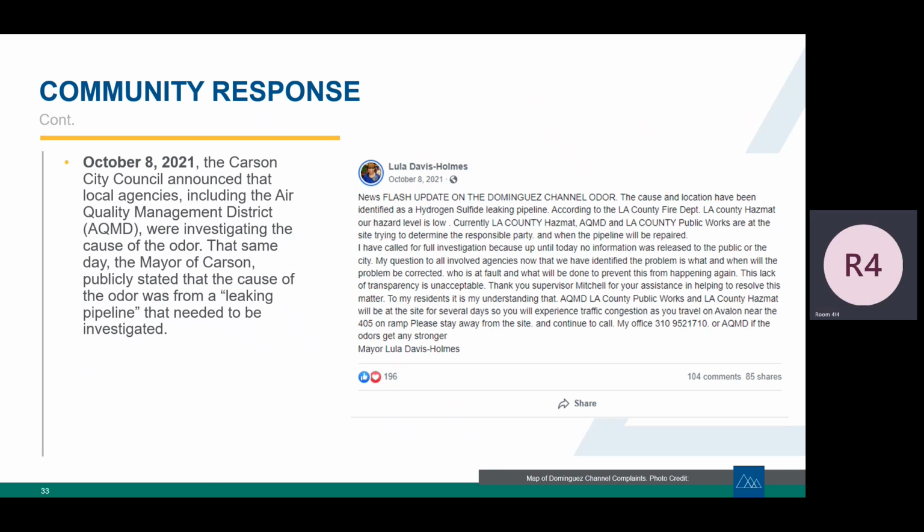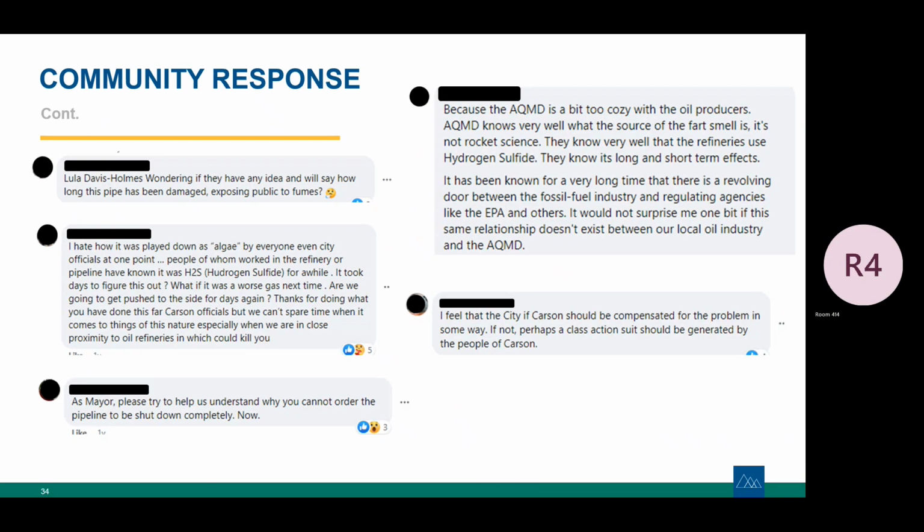And then on October 8th, a culprit is identified by the mayor of Carson. It's a leaking pipeline. So this is the mayor's update on Facebook to residents of Carson. Residents of Carson ready to hear it.